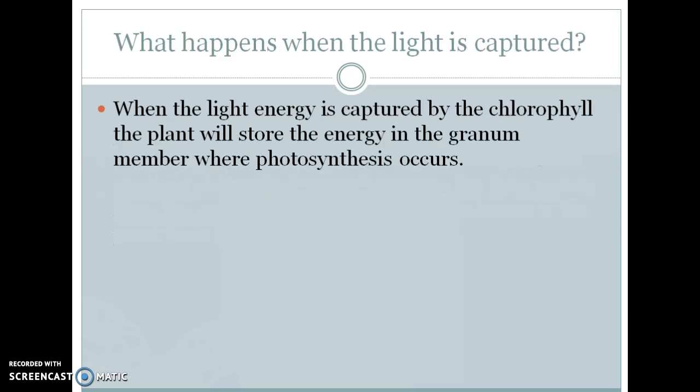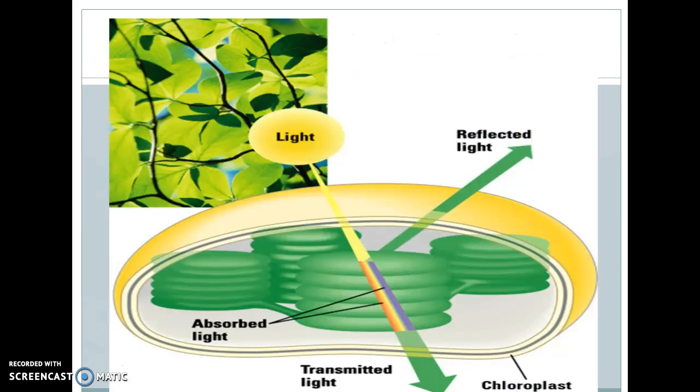What happens when the light is captured? When the light energy is captured by the chlorophyll, the plant will store the energy in the granum membrane where the photosynthesis occurs. So this is a very important process for photosynthesis. And here you can see a visual of how it happens.